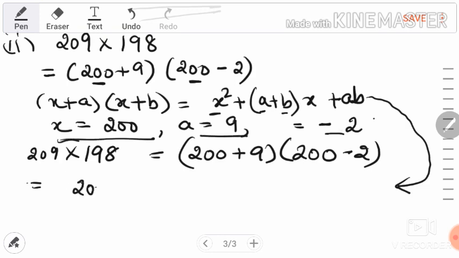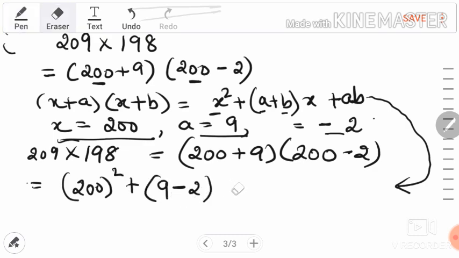So 200 square plus (9 minus 2) times 200. There's an x over here, so that is 200, plus a into b, 9 into minus 2.